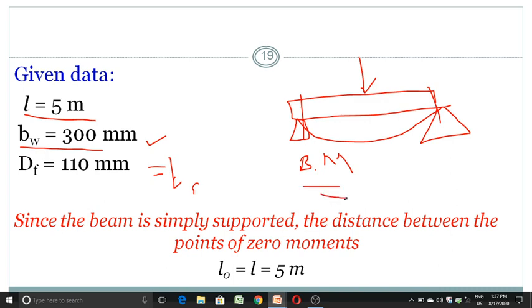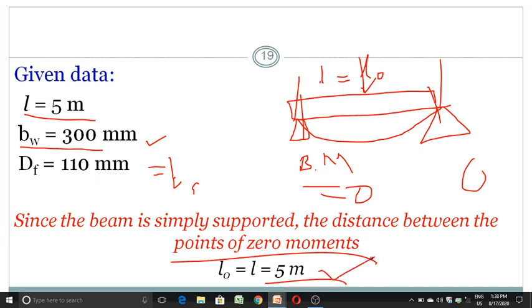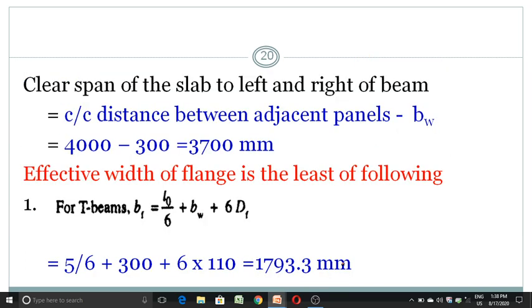Bending moment is 0 here and 0 here, at this support and at this support, and the distance between supports is L, which is the same as the distance between zero bending moments. So L equals L0. Since the beam is simply supported, L0 is equal to L, which is 5 meters. So let us proceed to the next step.